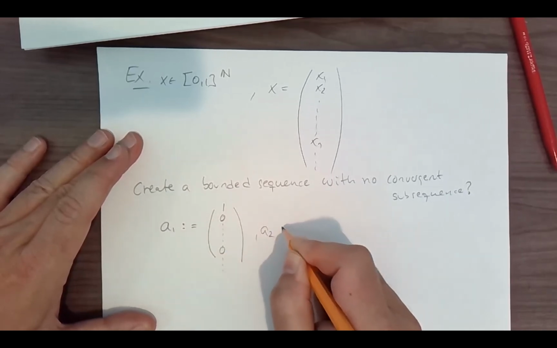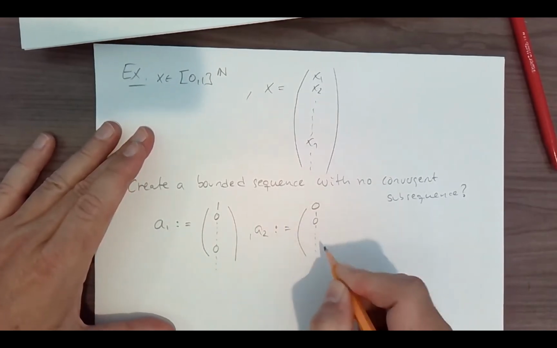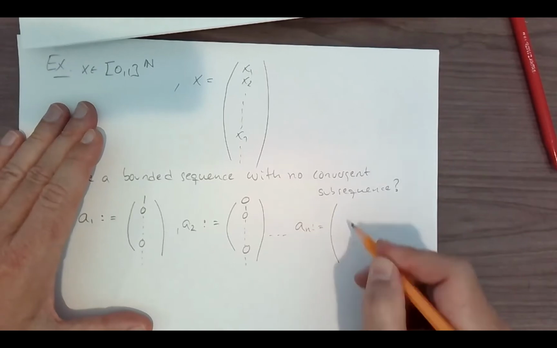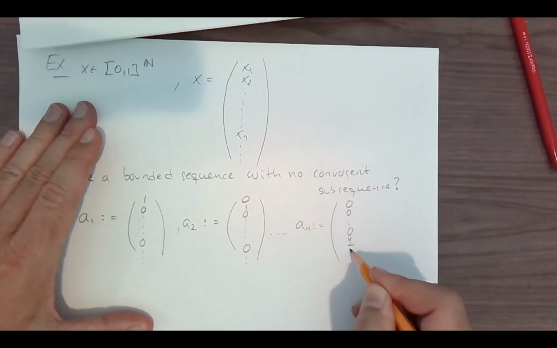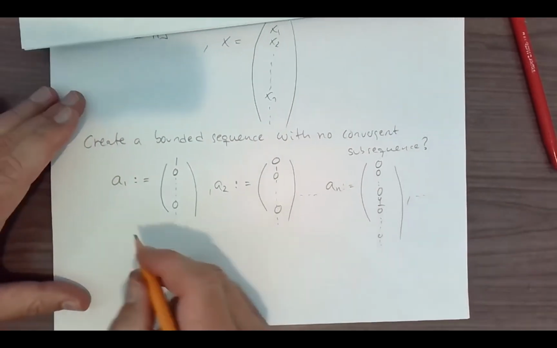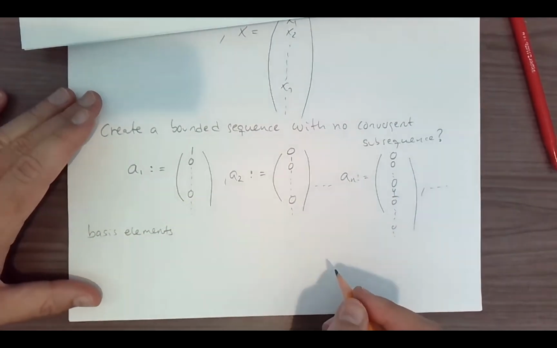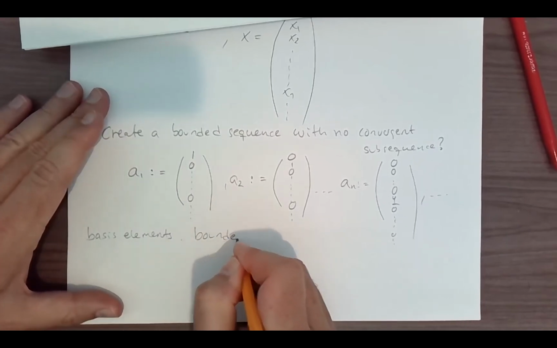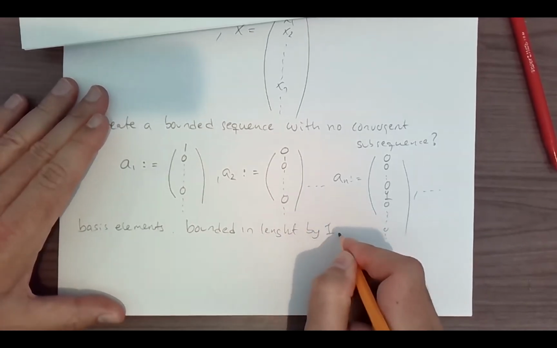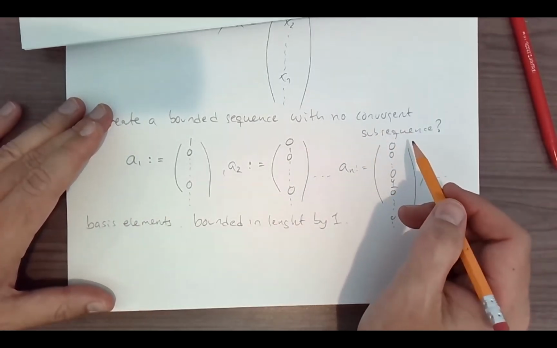Then A2 is going to be 0, 1, 0, 0 everywhere else, and so on. And An is going to be 0, 0, 0, and then there'll be a 1 in the nth spot, and so on. You keep doing this. These are the basis elements. They're bounded in length by 1, but there's no convergent subsequence.